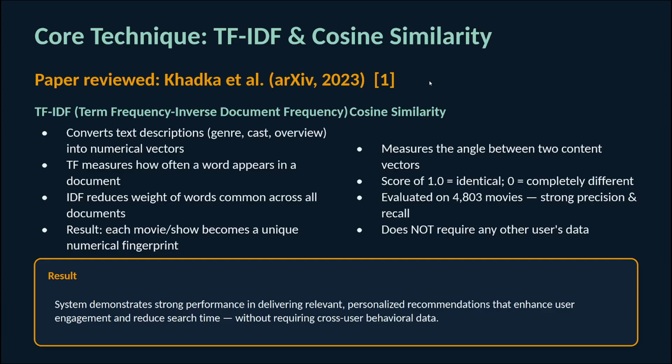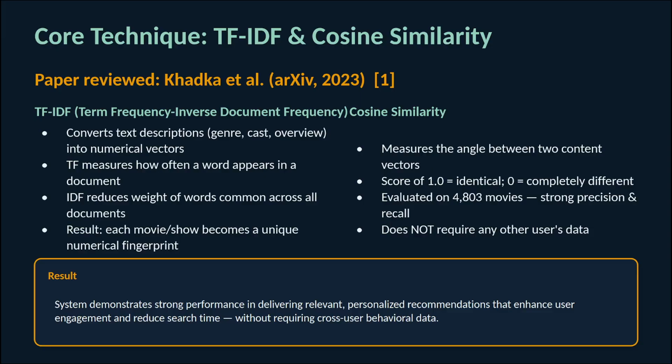The first paper I reviewed was by Kadka. They built a recommendation engine using TF-IDF, which stands for Term Frequency Inverse Document Frequency, to turn text descriptions into vectors. The idea is that words appearing often in one description but rarely across all descriptions get weighted higher.